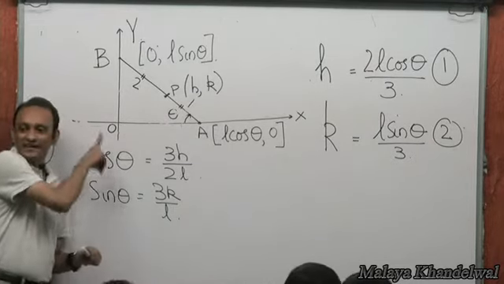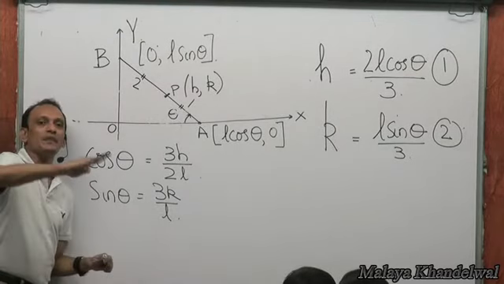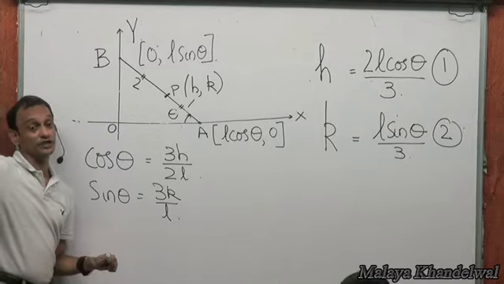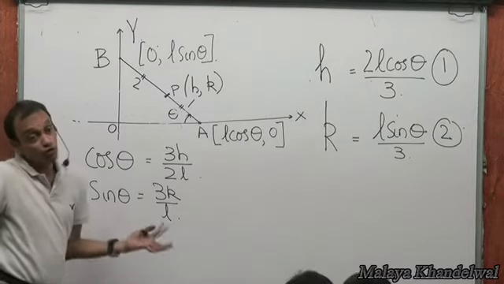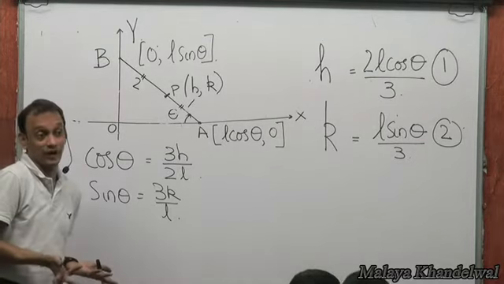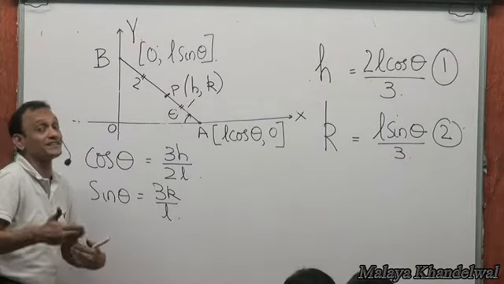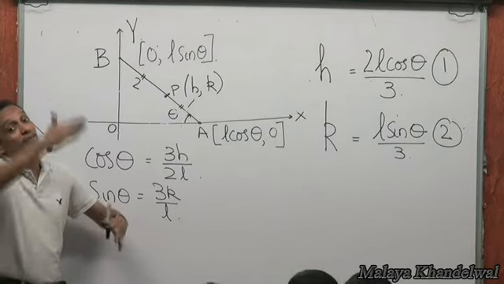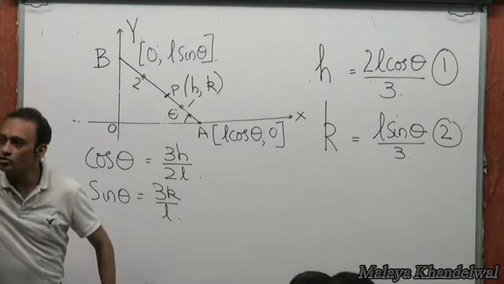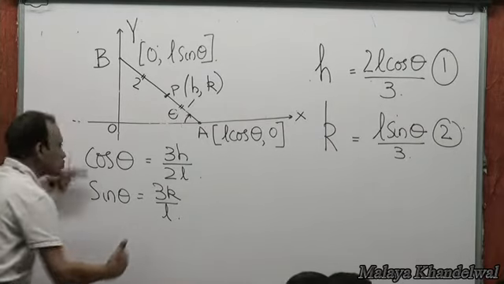When I square and add, the parameter is cut out. Then I have a relationship between h and k that will be true for all theta, because for all theta, cos square theta plus sin square theta would be 1. Therefore, that relationship that connects h and k would be true for all positions of P. Yes or no? Very good.